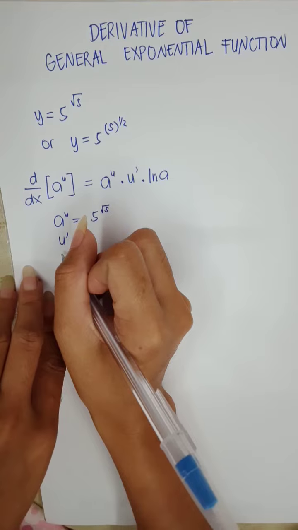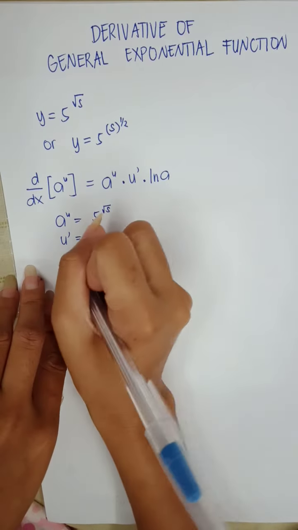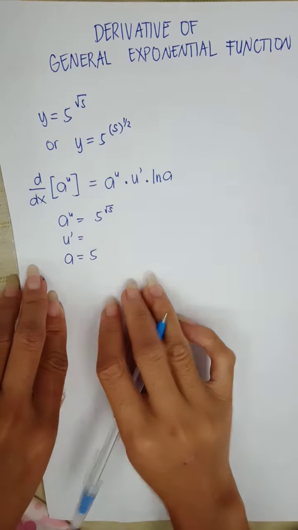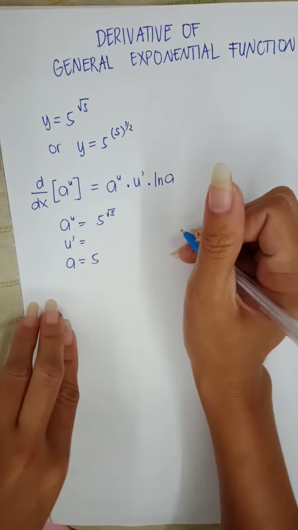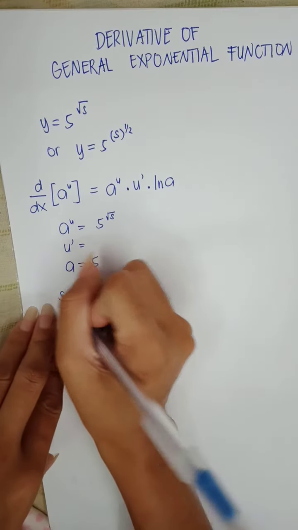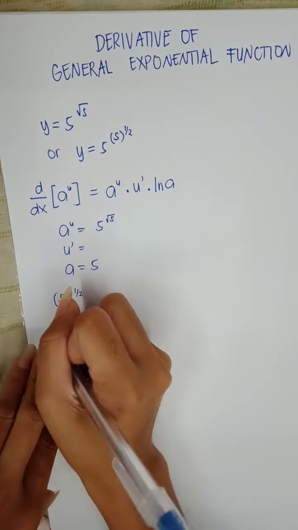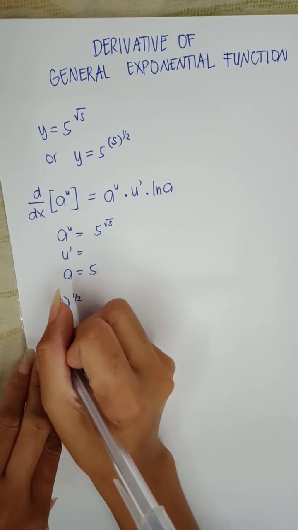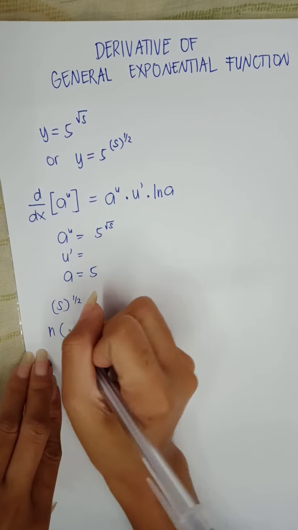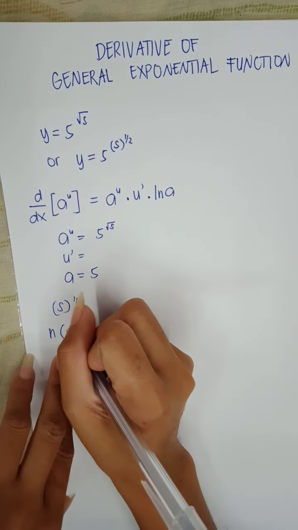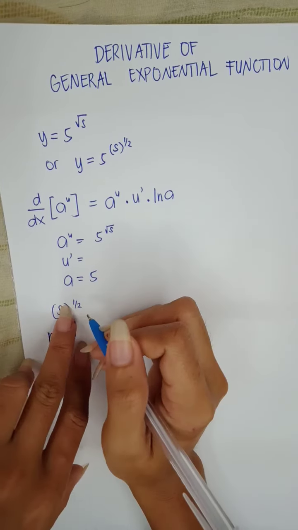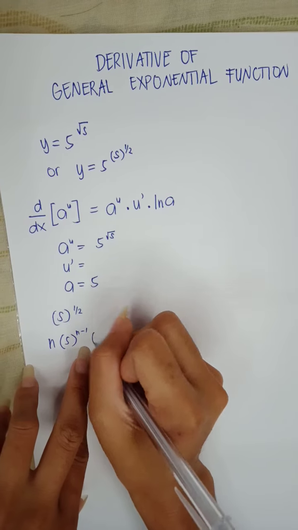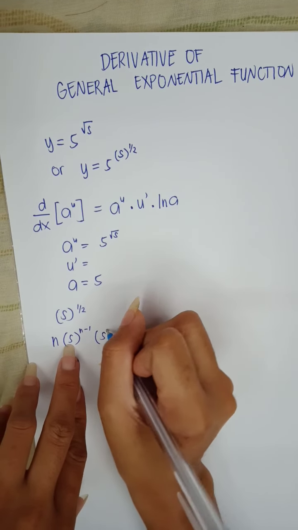and ln a, so our a is the base 5. So to find the u prime, we're going to use the chain rule on s to the power of 1/2. Chain rule: we're going to use n, the power, times s to the n minus 1, times the derivative of s.